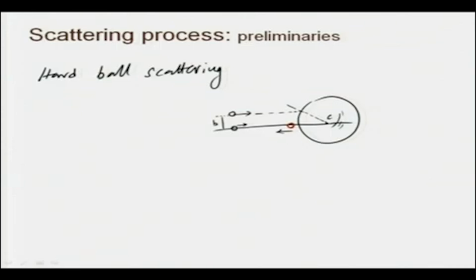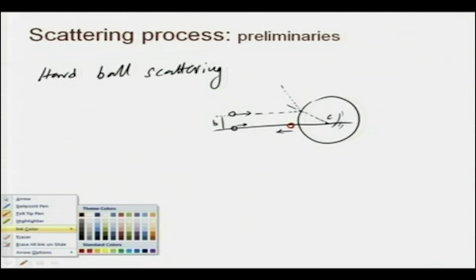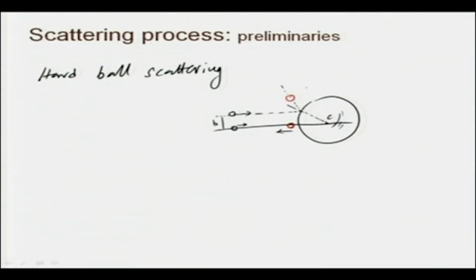So, there is an angle between the momentum direction and the normal, and therefore, it will reflect off this hard sphere and come out not opposite to the direction as in the earlier case, but at some angle. So, this will be the one which goes out. The red ones are the ones which are coming out after the scattering.